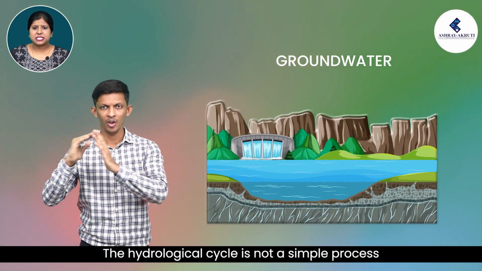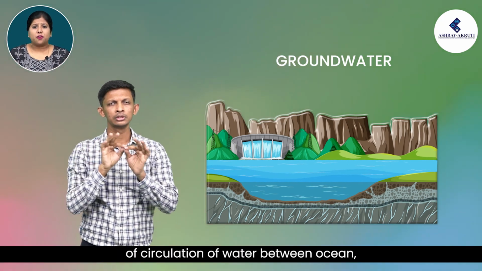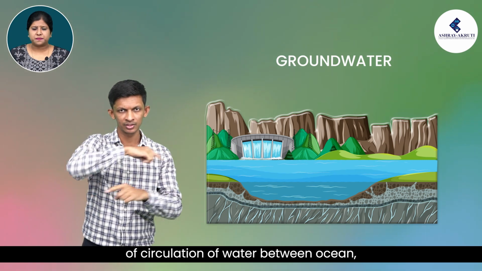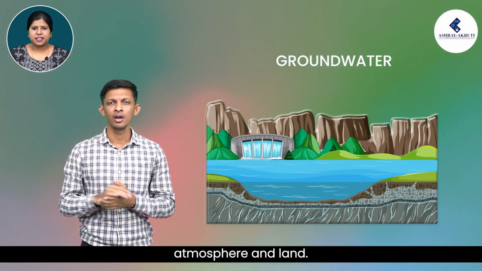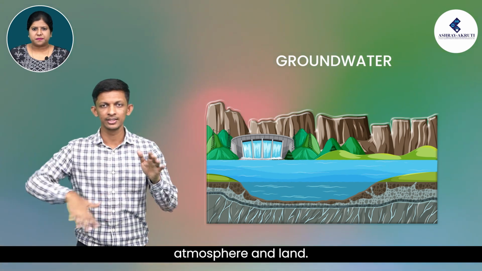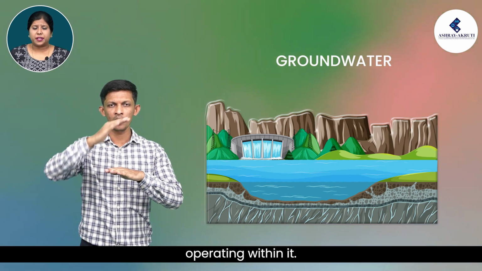The hydrological cycle is not a simple process of circulation of water between ocean, atmosphere and land. There are a number of subcycles operating within it.